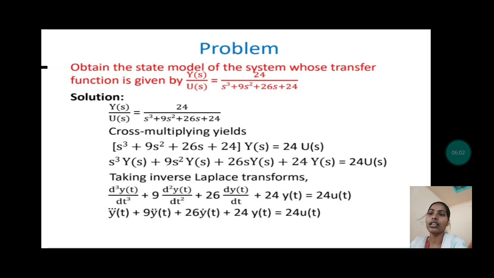Here we can write d cubed by dt cubed of y as y triple dot. So y triple dot of t plus 9 y double dot of t plus 26 y dot of t plus 24 y of t is equals to 24 u of t.